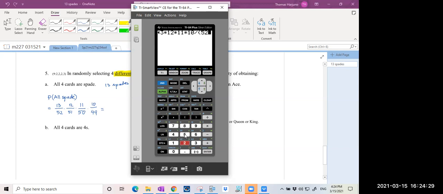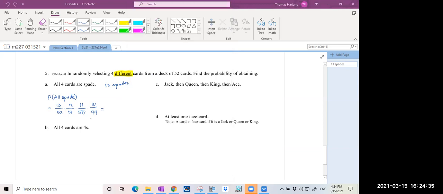Can you repeat that about the parentheses? Because we divide by the product of the denominator, right? If you don't use parentheses, then your calculator will not consider that as a division. If I type 13 times 12 times 11 times 10 divided by 52 times 51 times 50 times 49 this way, then our calculator will divide by 52 and then multiply the result by the rest.